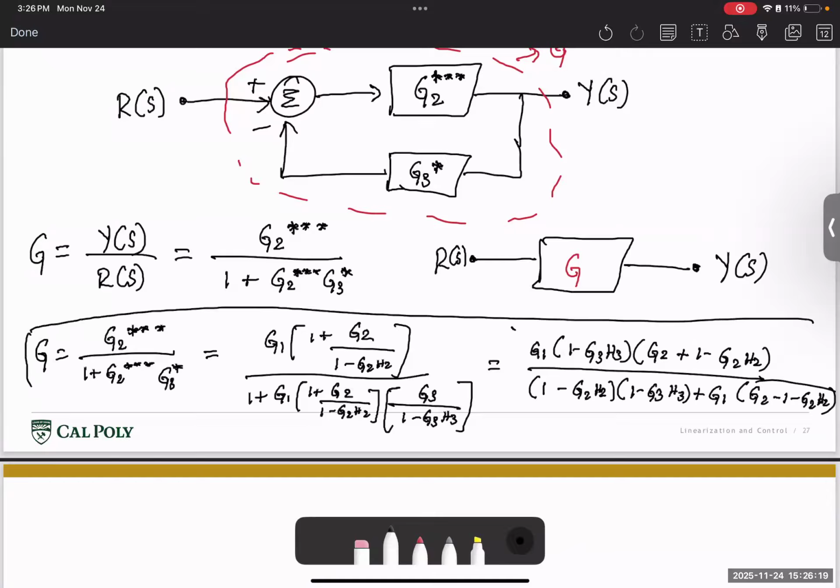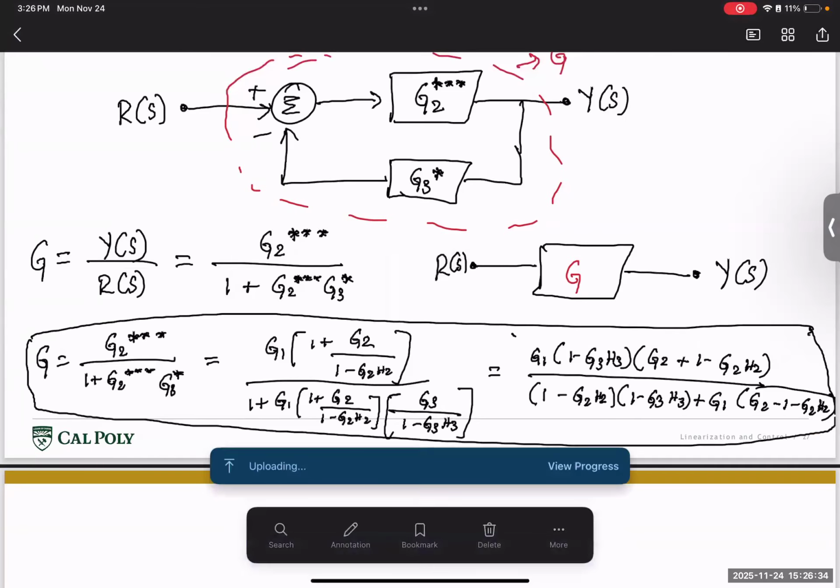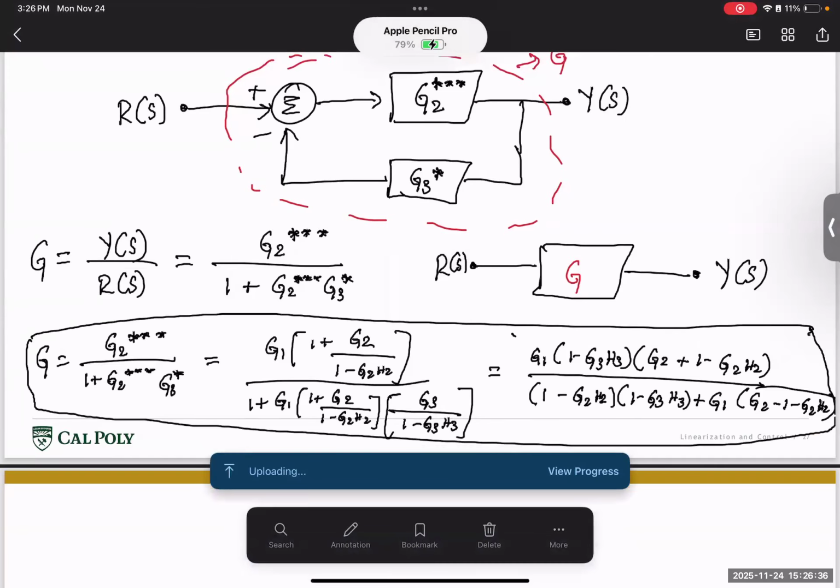transfer function. So now we have taken a complex system and reduced the entire transfer function into one equation that is represented as a simple numerator and denominator, both represented by a polynomial. So this is a good way we can reduce transfer functions.